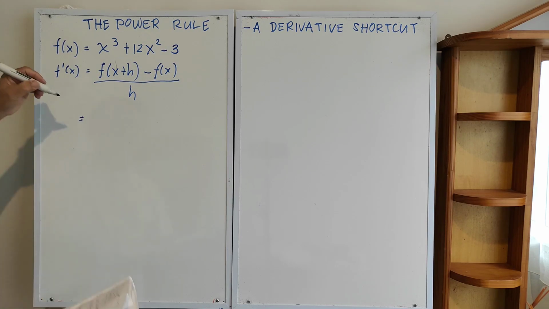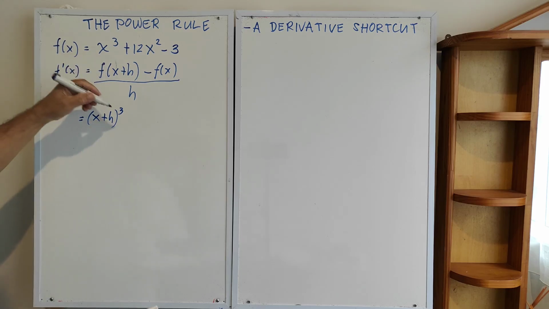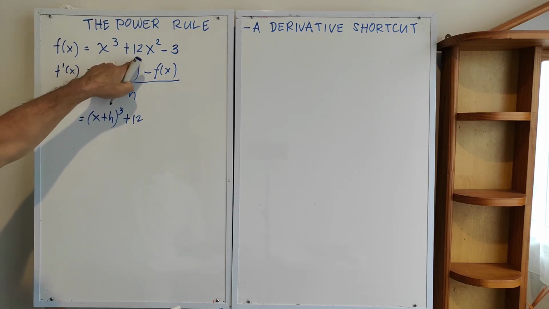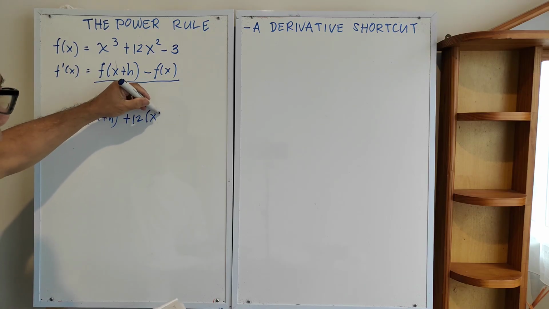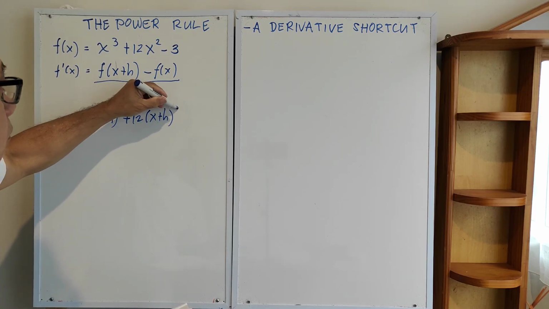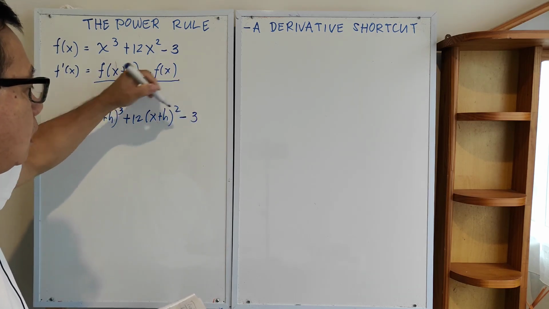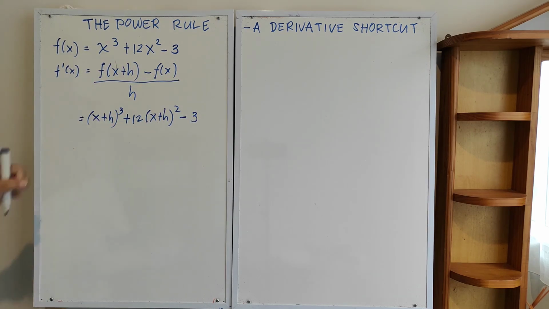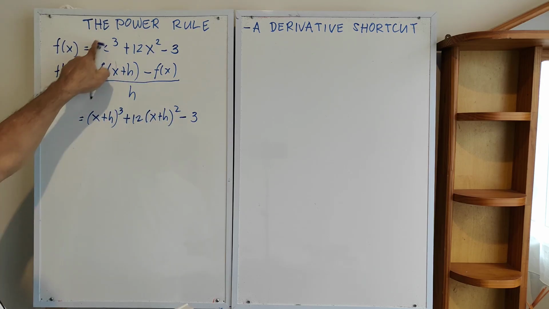So that would be x plus h cubed plus 12 times x plus h squared minus 3, minus the function of x, which is all of this.